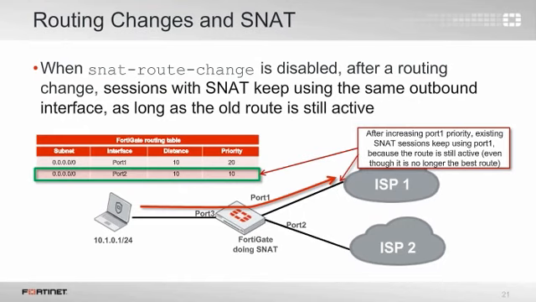Even though the default route is no longer the best route, it is still active, and FortiGate is doing SNAT. The existing sessions will continue to use the old route until they expire. If FortiGate wasn't doing SNAT, all the existing sessions would switch to port 2 after the change.